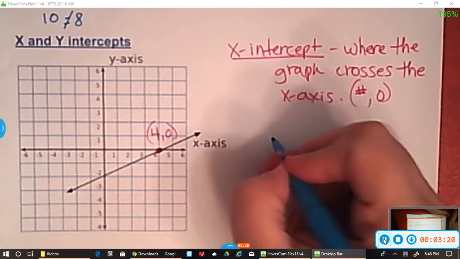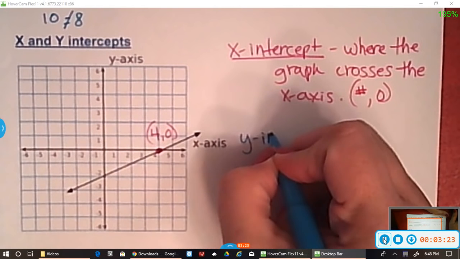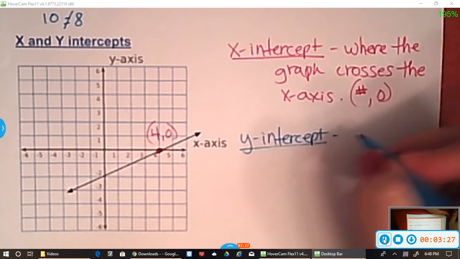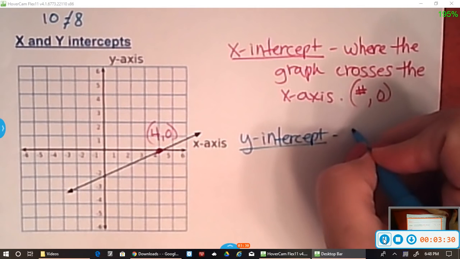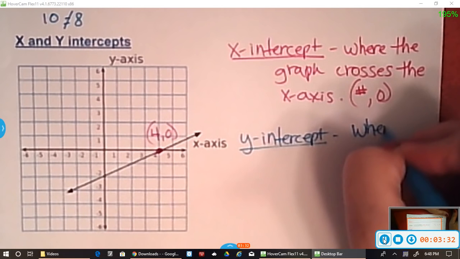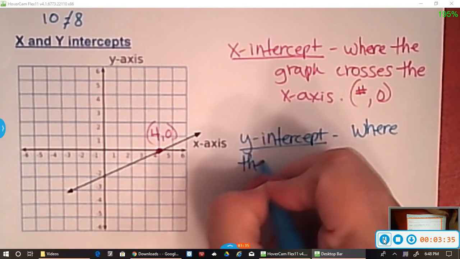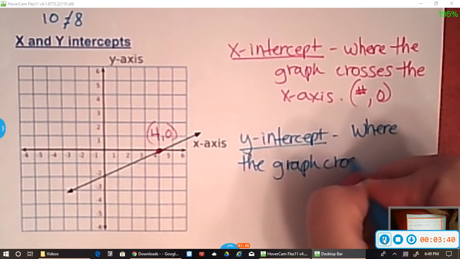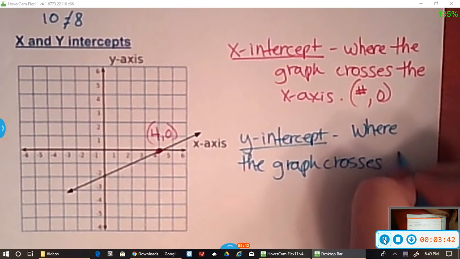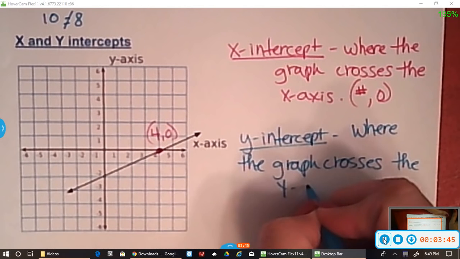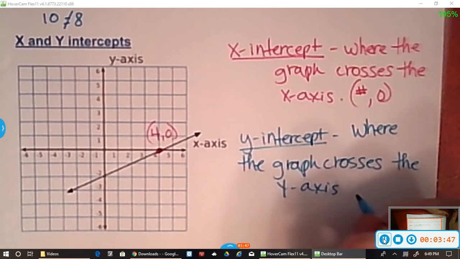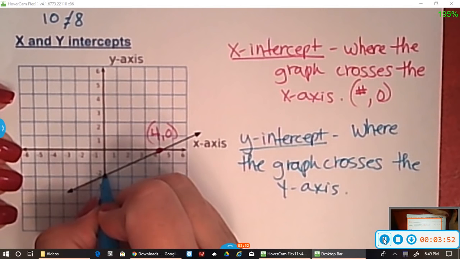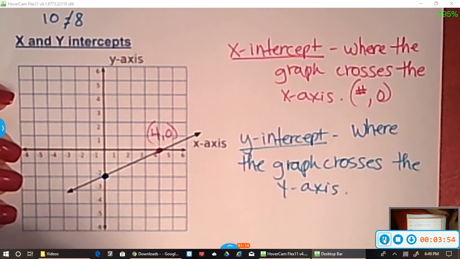Now let's talk about the y-intercept. This is where the graph crosses the y-axis. So when I look at this graph to the left here, this point is where the graph touches the y-axis.